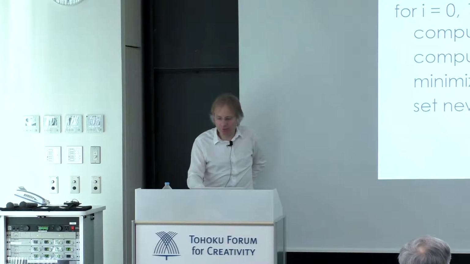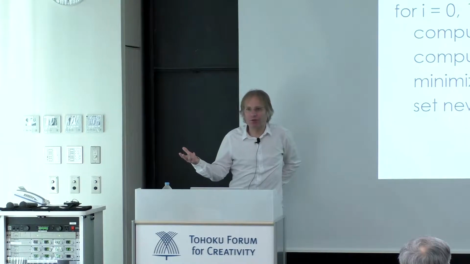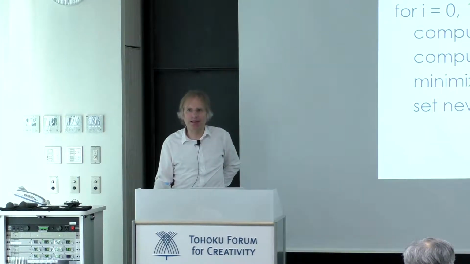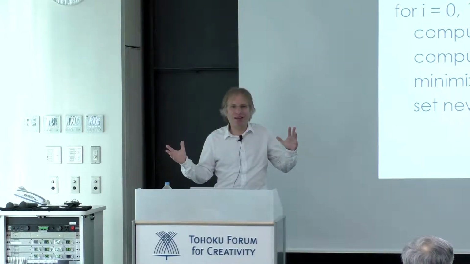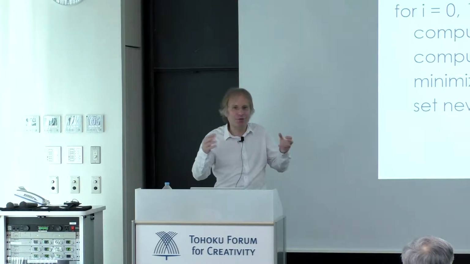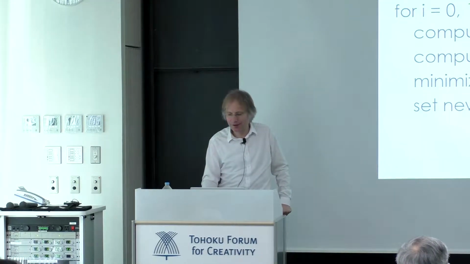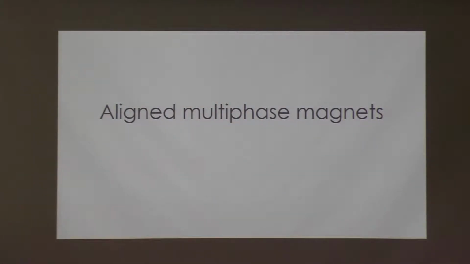In the beginning of my talk, I showed you some computational results for isotropic nanocomposite permanent magnets. Of course, if you find some way to make a combination of hard and soft material for aligned magnets, you might even gain much better properties.